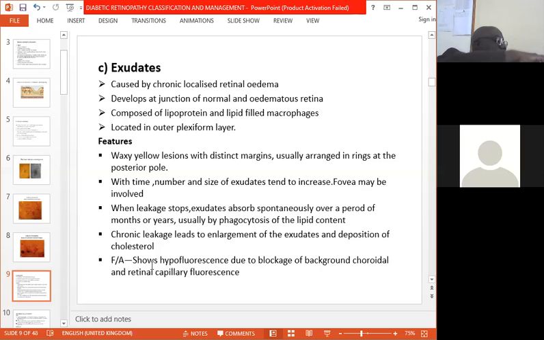Now, the yellowish stuff blocks light. You can't see the fluorescence in the vessels below those exudates. They block that. This is what they're saying: fluorescence shows hypofluorescence because there is reduced fluorescence in the exudates due to blockage of the background choroidal and retinal capillaries fluorescence.